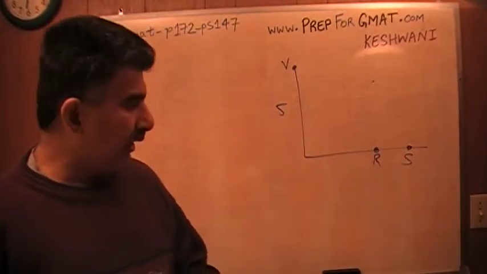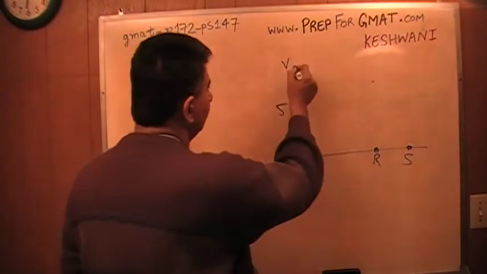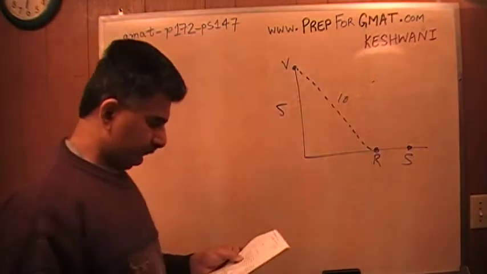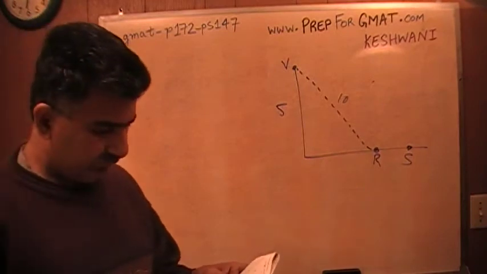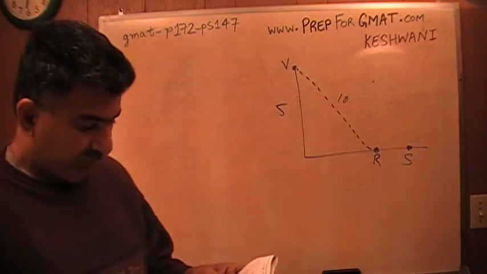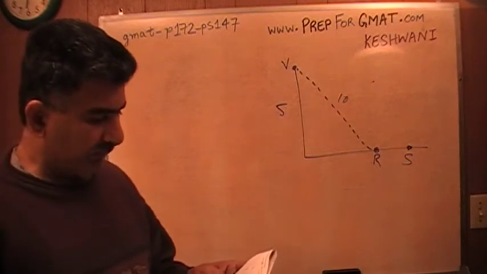We are told that V to R is 10. So I'm told that this distance is 10 feet. The question simply is, what is the distance RS in feet between the actual position and the perceived position?